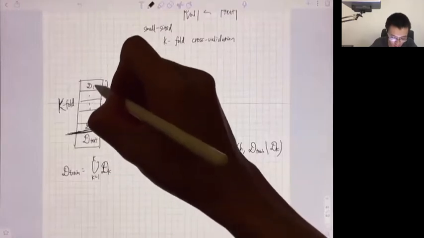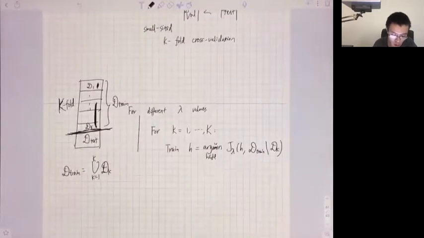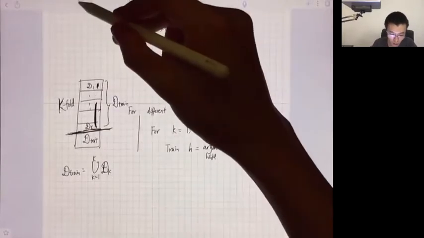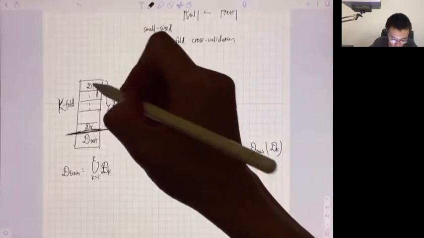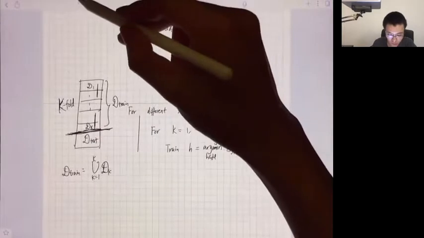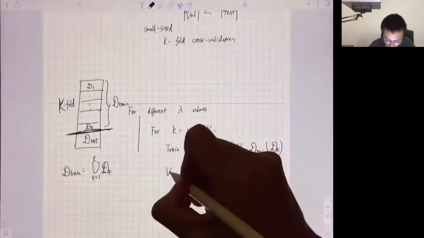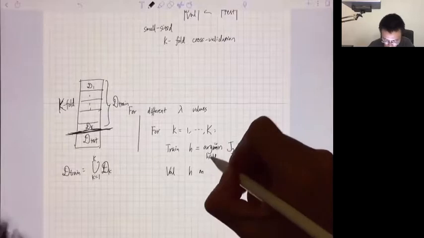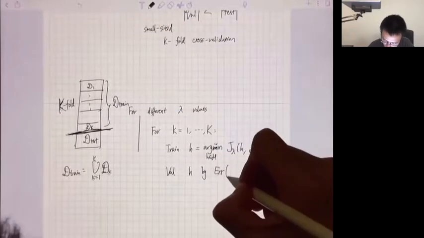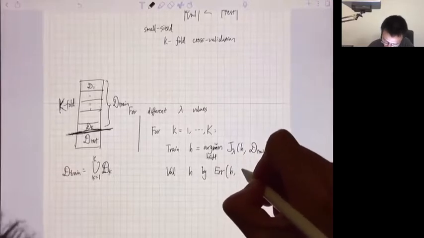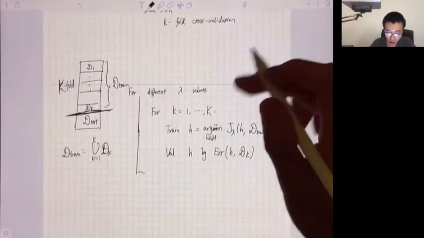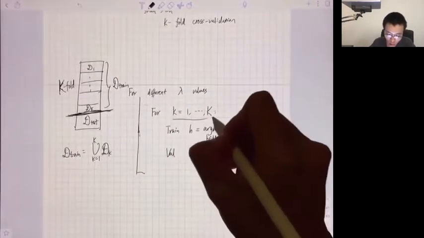Second, I train it on D1 plus D3 up to DK and I evaluate it on D2. Third, I train on D1, D2 plus D4 up to DK and evaluate it on D3. I validate my h this way.